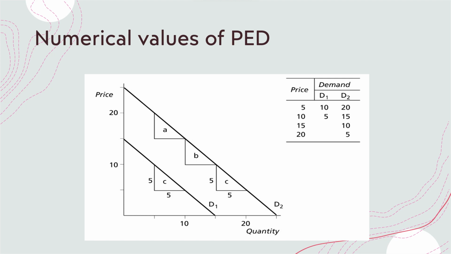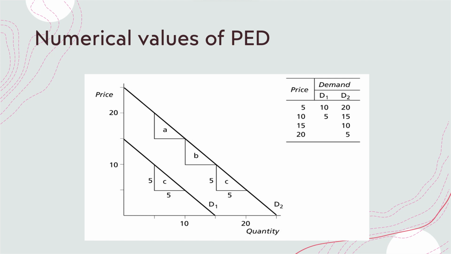In this figure, the price elasticity of demand for a price fall on D2 at point A is minus 4, that is 1 divided by minus 1 over 4, whereas at point B it is minus 3 over 2, that is 1 over 2 divided by minus 1 over 3. And at point C, this is minus 2 over 3, that is minus 1 over 3 divided by 1 over 2.